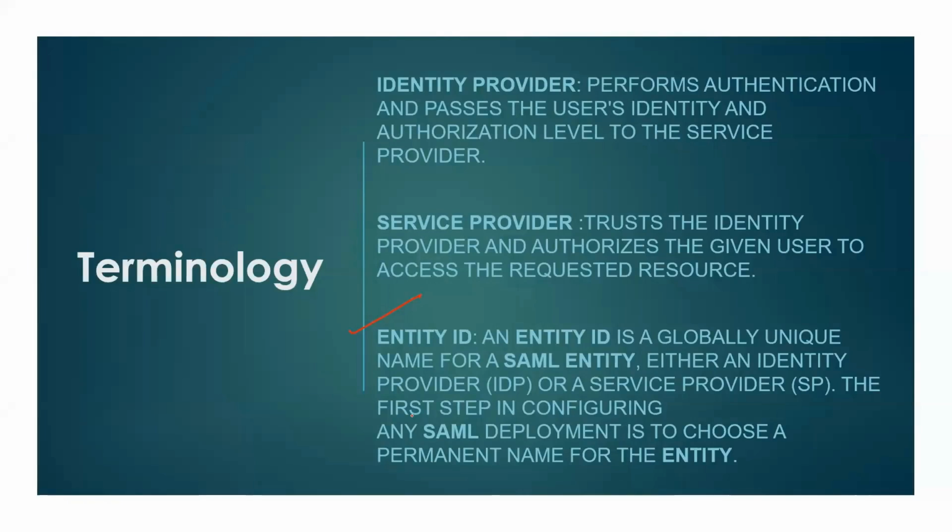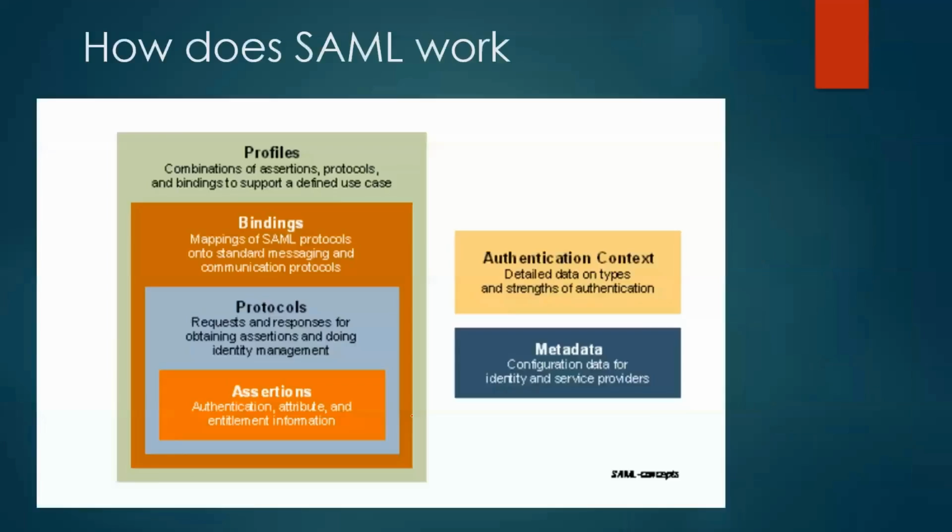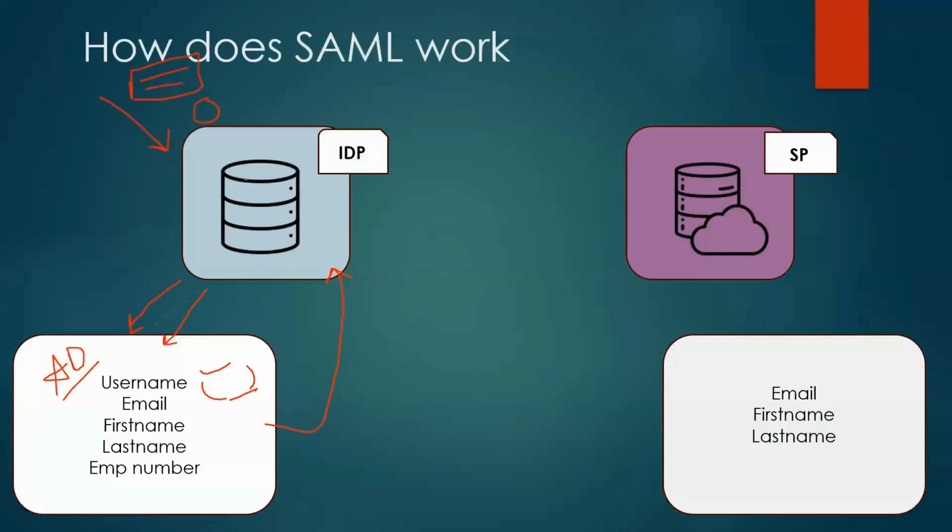And now you must be wondering, if I'm putting my username and password, how does this guy, the IDP, know that I have to send the request here only? This is where entity ID comes into the picture. It'll know the request has been generated, and the request will definitely have a URL.